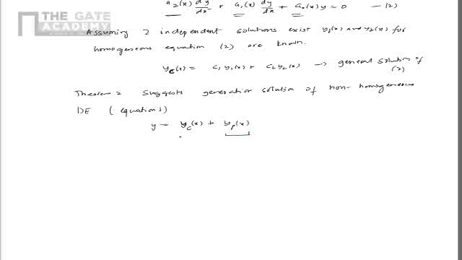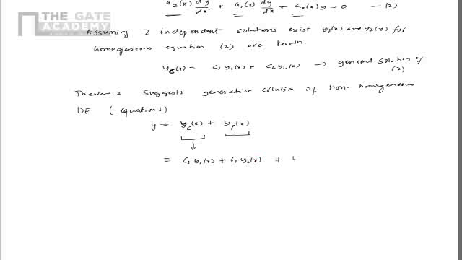What it says is you have to combine the general solution for the corresponding homogeneous case with this y_p(x) in order to get the general solution for the non-homogeneous case. Let me write this as c1 y1(x) plus c2 y2(x).